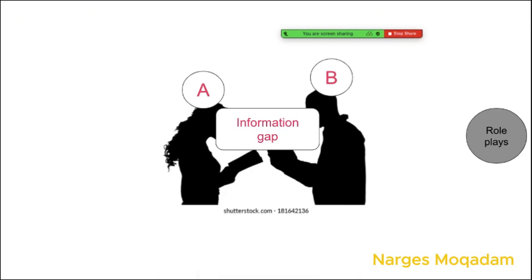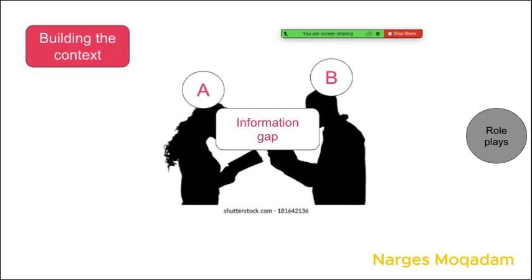In this case, before they get to do the role play, we need to first build the context. Probably we do this through eliciting some information from the learners, and sometimes we have written correspondence or even a listening and writing task.